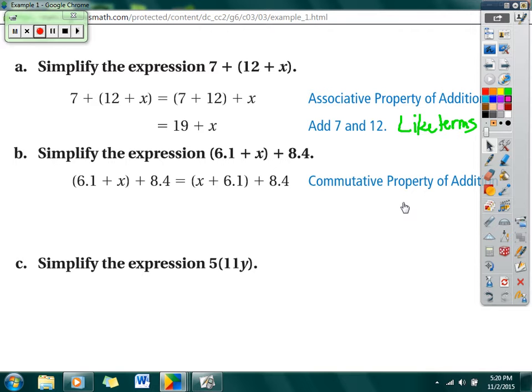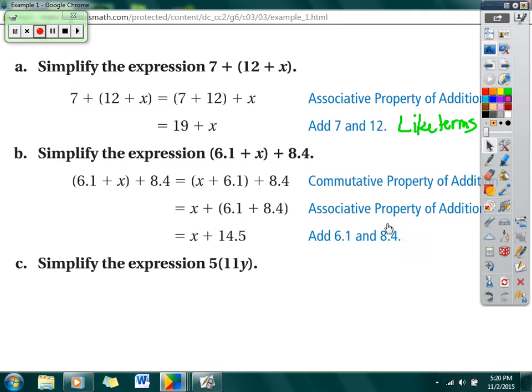Now I see that that 6.1 and the 8.4 are right next to each other. If I use the associative property, I can get those terms right next to each other. So now I'm going to move my parentheses for the associative property of addition. I can add 6.1 plus 8.4, and that's going to be x plus 14.5. I can also write here like terms, due to like terms.